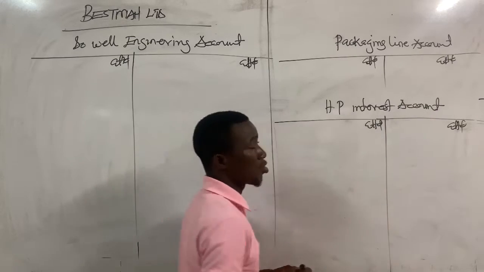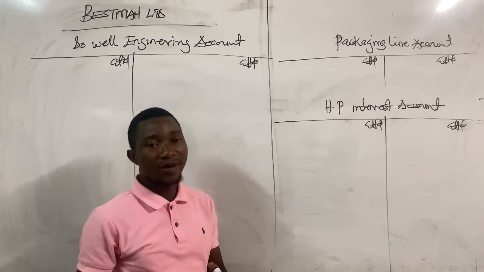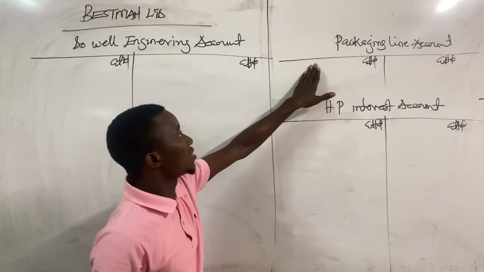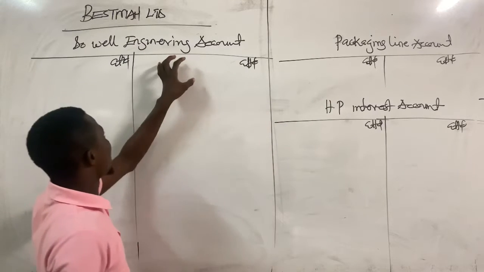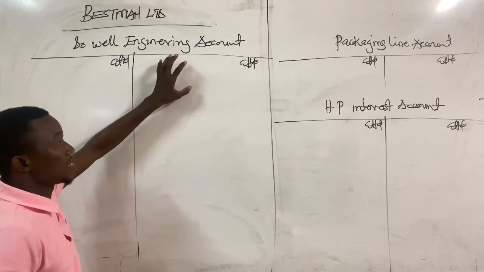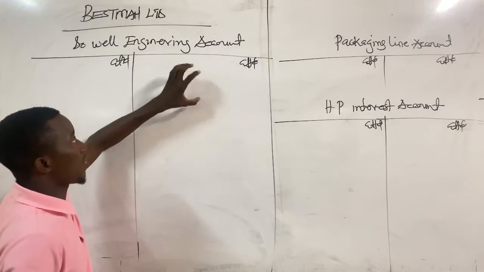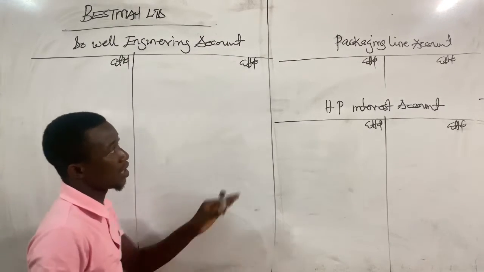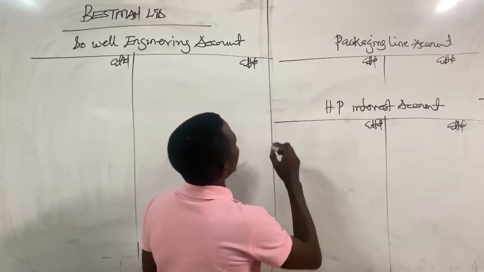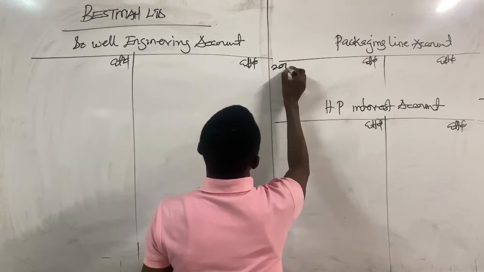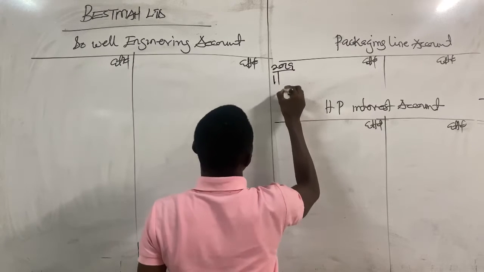Alright, the cash price of the asset is 270,000. So we debit the asset account and credit the hire vendor's account, because it is the hire vendor that sells the asset to Bestman. Okay, so you credit the hire vendor's account and debit the asset account. So that will be in 2019, 1st January.